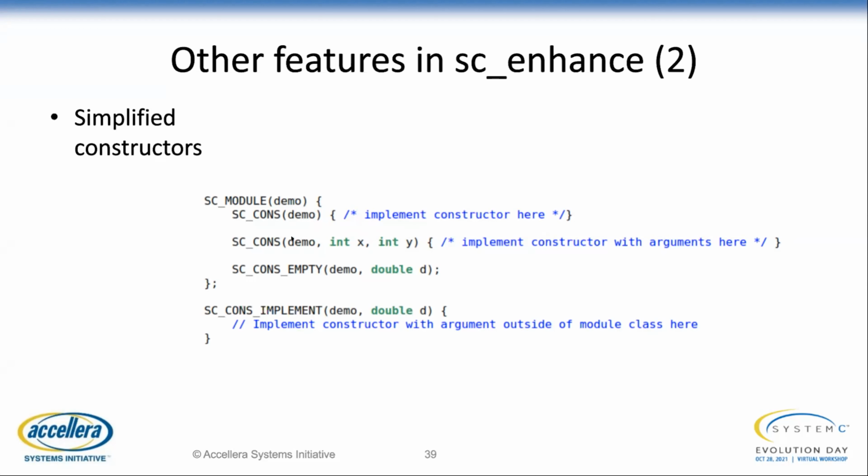And if you want to just declare the prototype for the constructor and implement it outside of the class externally, like when you want to separate your header from your source file, you can use this scconst empty, which just declares the prototype, and then in the source file you use scconst implement, and you can also take a variable number of arguments. So that's another thing.